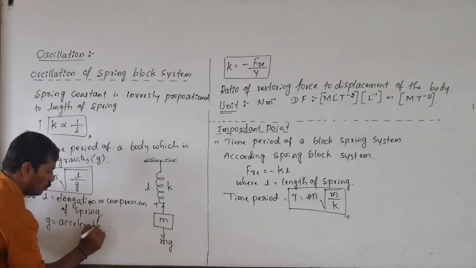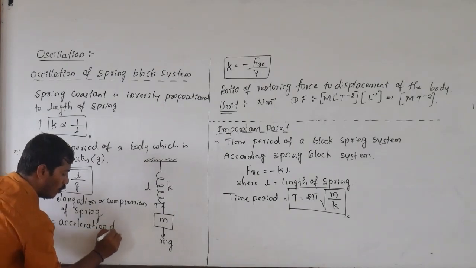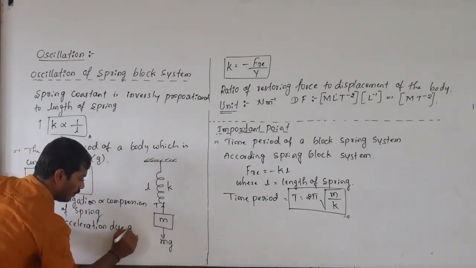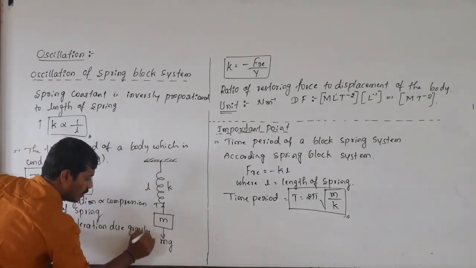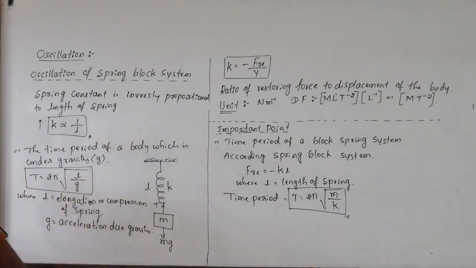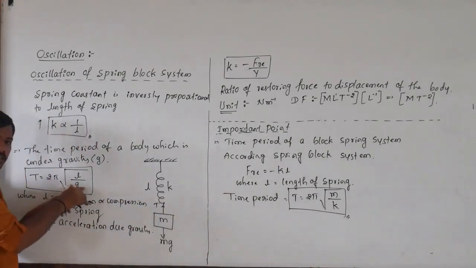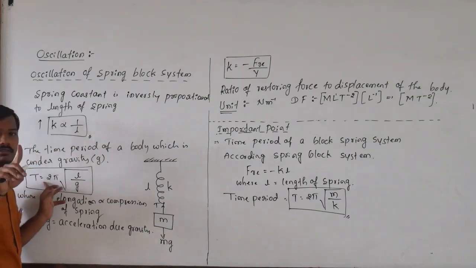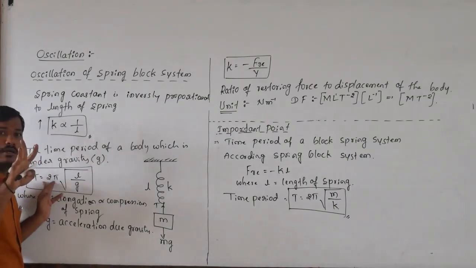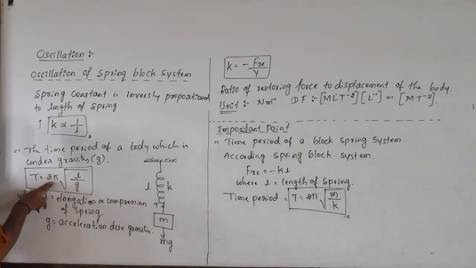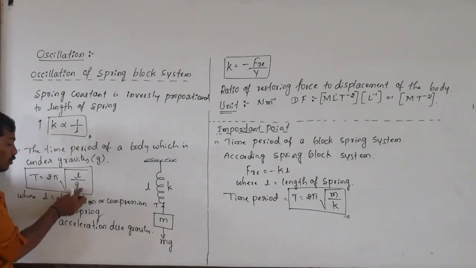Here acceleration due to gravity is always constant. 2 pi is for one revolution or one cycle; 2 pi is also constant, g is also constant.